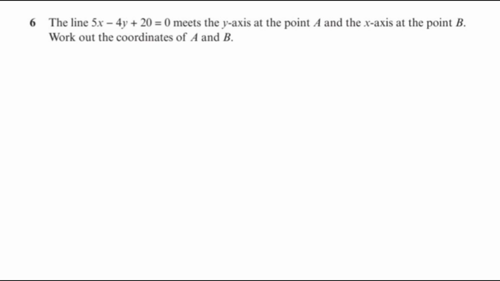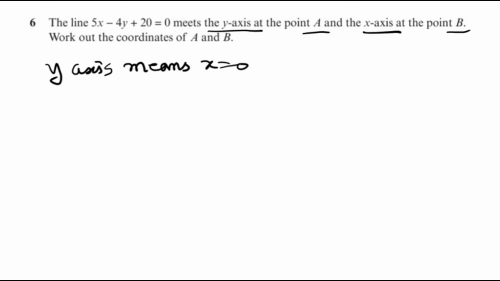Move to question number 6. The line 5x minus 4y plus 20 is equal to 0 meets the y-axis at point A and x-axis at point B. Work out the coordinates of A and B. Now we know when any line intersects the y-axis, x is equal to 0.